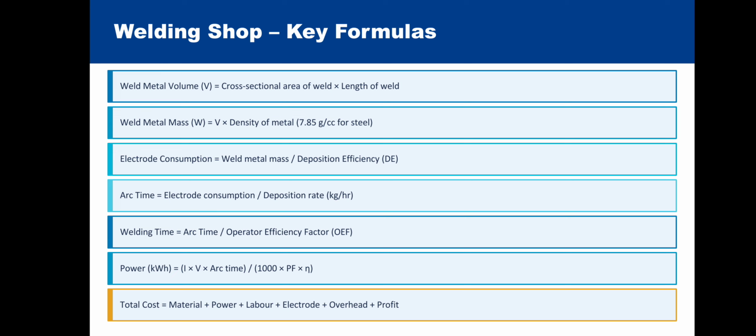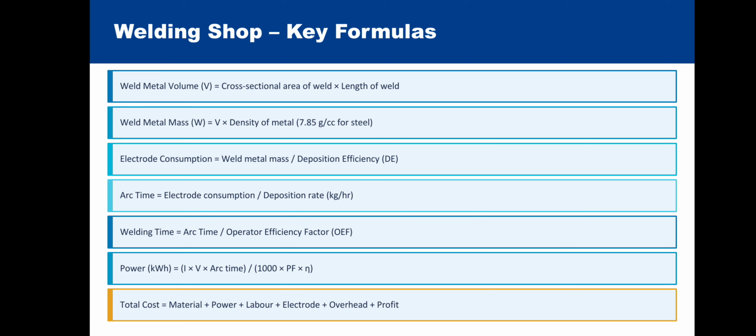And the final total cost is equal to material plus power plus labor plus electrode plus overhead plus profit. All the above mentioned costs are added together. We can find out the total cost of the product in the welding shop.